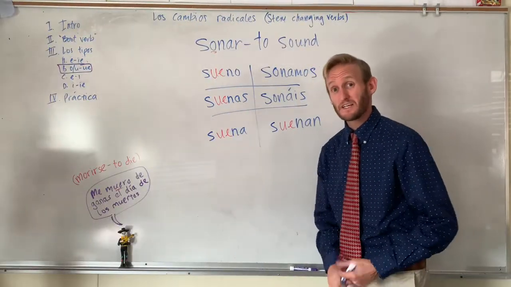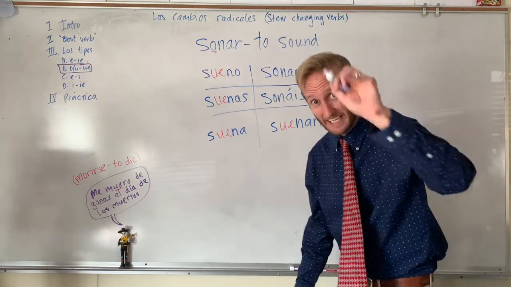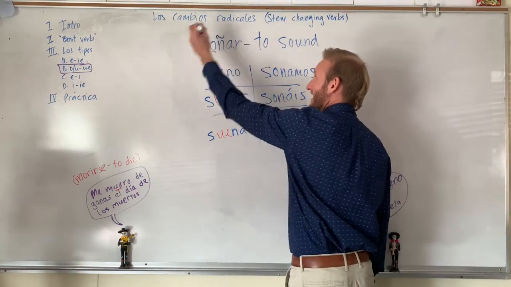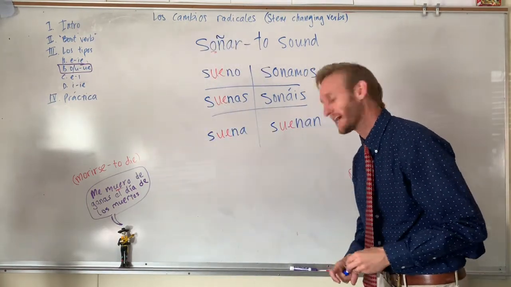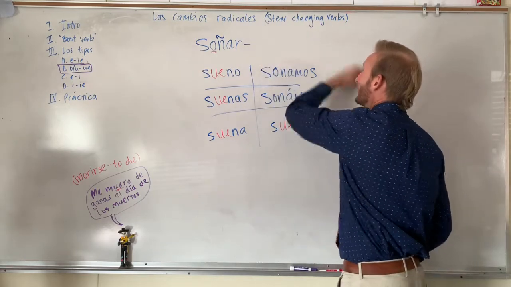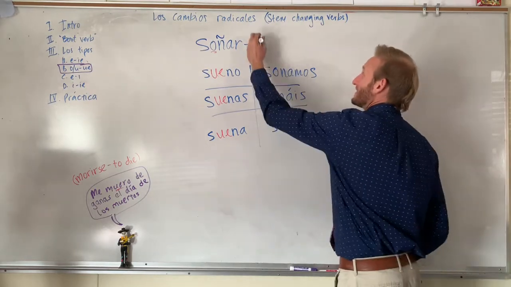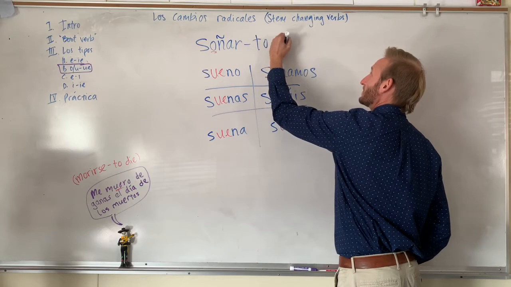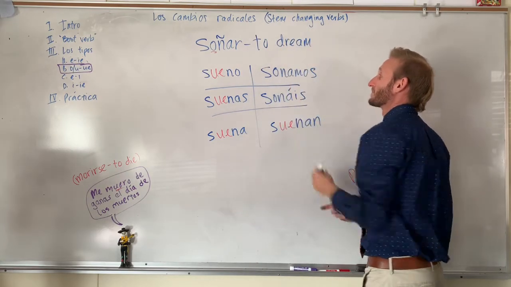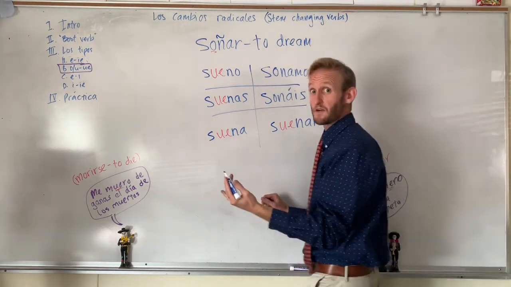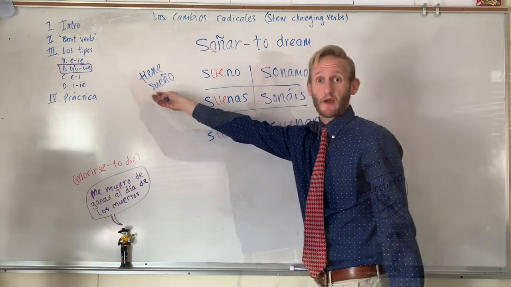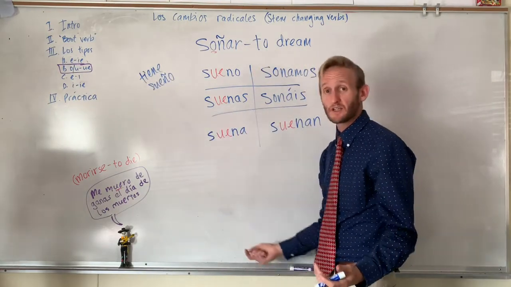Now, this verb, simply by adding the tilde encima de la n, ahora soñar. This means to dream. You remember the idiom, tiene sueño, okay? Tiene sueño is like he or she is tired.